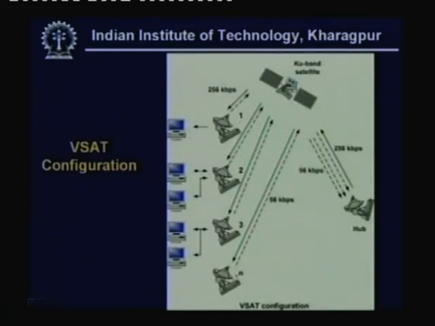That means, here you have got a number of other stations, slave stations you can say, they will be receiving this signal. So, here you can see the 25 stations each is sending at the rate of 56 kilobits per second. So, this 56 kilobits these are all time shared and reaching the hub. On the other hand, 256 kilobits per second data rate is coming from the hub to the satellite, then it is broadcasted to all the VSAT receivers here.